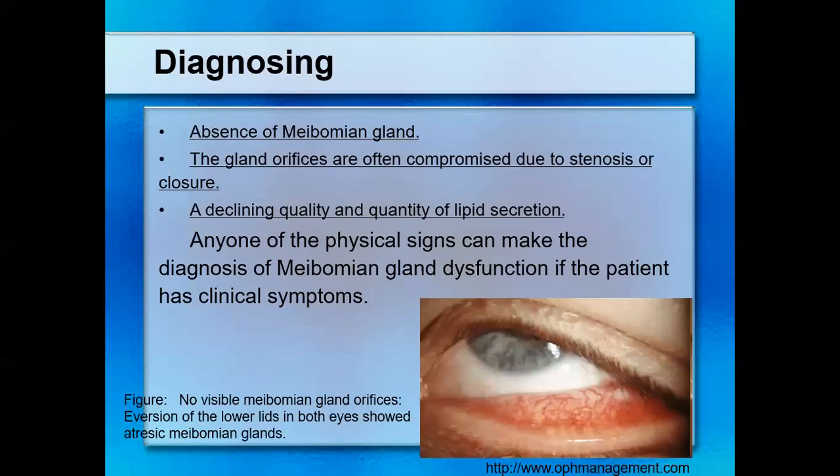For the treatment, what you have to do is massage the eyelid margin, because the meibomian glands open at the eyelid margins. So you have to massage the eyelid margin, okay? You can use some antibiotics.